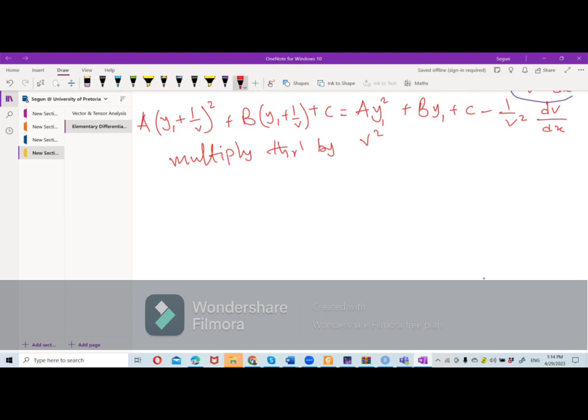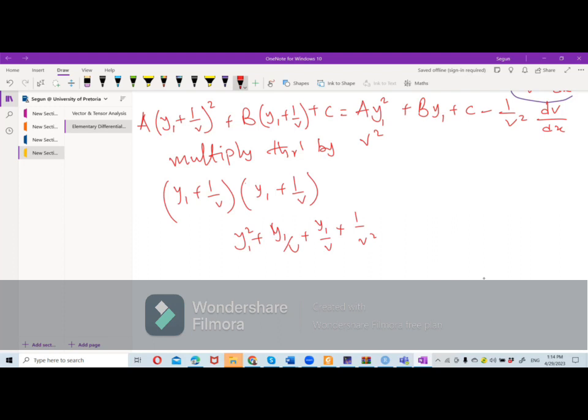If you open this bracket, y1 plus 1 over v, multiplied by y1 plus 1 all over v: y1 multiplied by y1 gives y1 squared, plus y1 over v, plus y1 over v, then plus 1 over v squared. Do we all agree with this? Yes, sir.